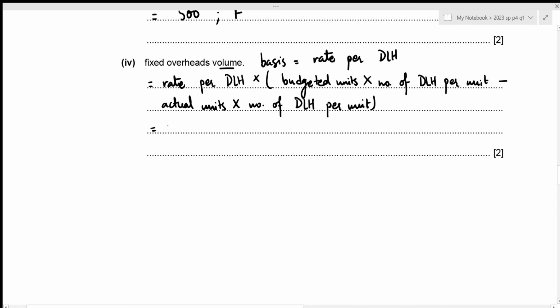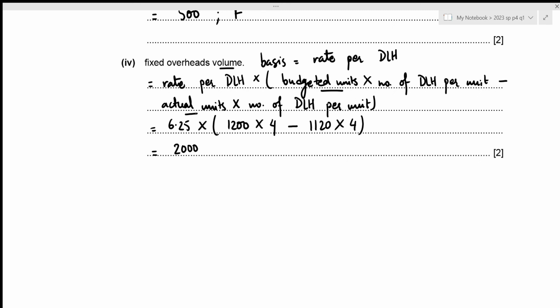That's 6.25 times our budgeted units was 1200 times the number of direct labor hour per unit is 4 minus actual units was 1120 times the number of direct labor hour per unit was 4. Now this gives our fixed overheads volume variance to have the value of positive 2000. And here a positive value means that our budgeted unit is greater than the actual unit. And our actual unit being lower than budgeted unit is not a good thing for the company, which means that this variance is an adverse one.